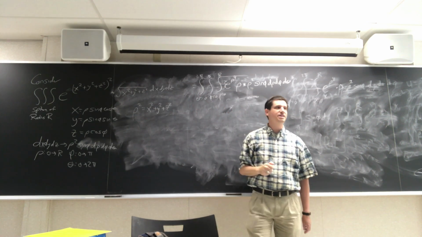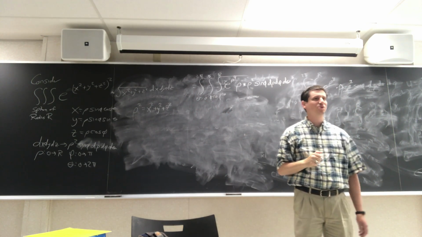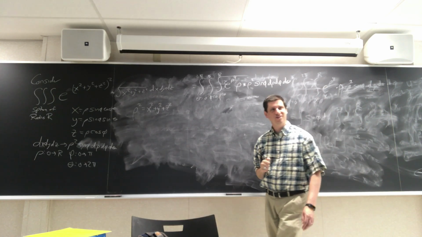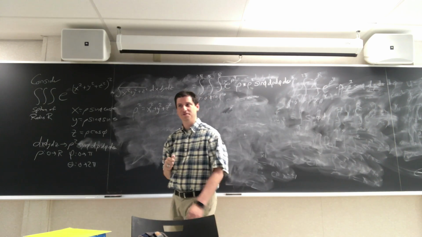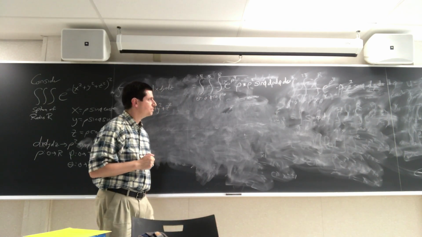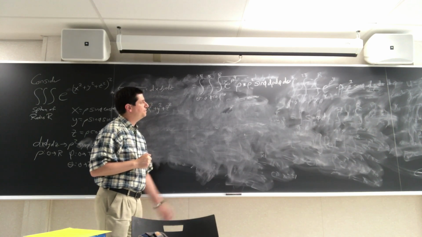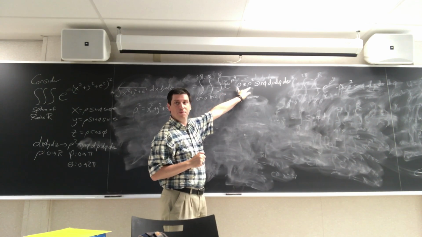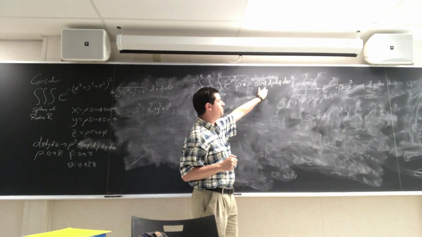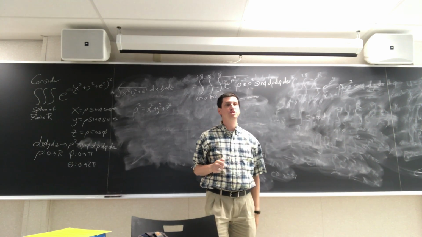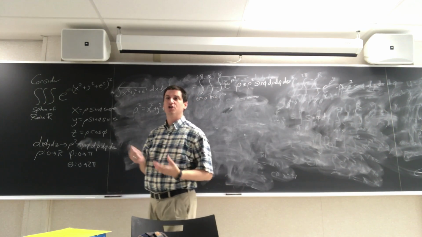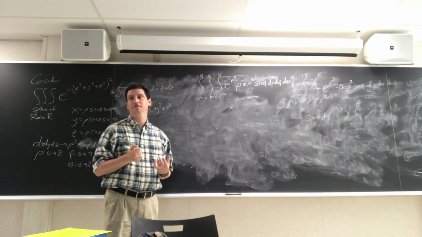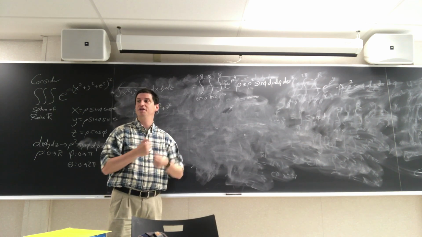You can probably guess now why I put in a square root of x squared plus y squared plus z squared. I'm trying to make the integration nice. All right. Now, the first thing to note is all of my rho dependence is here, all of my phi dependence is here, my theta dependence is just 1. I don't have something like the cosine of rho theta, where I have the rhos and the thetas mixed up.